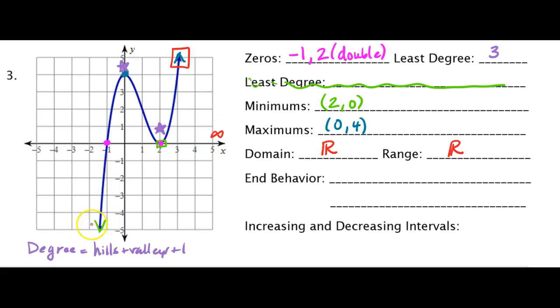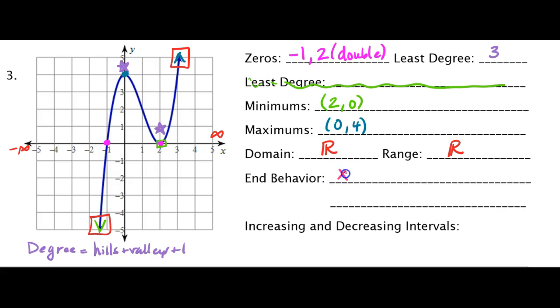If you look at the left side of the graph, that arrow is also going to keep going to the left towards negative infinity, so it covers all the x values. And if you look at those same arrows, the one on the right is also pointing up forever, and the one on the left is pointing down forever, so it's going to cover all of your y values as well.